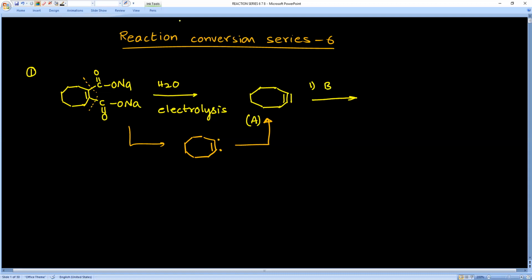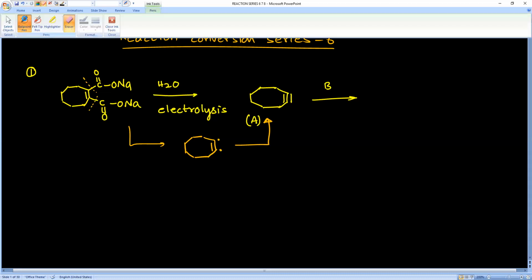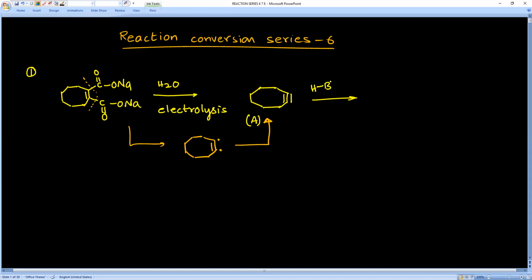Here boron is connected to only one hydrogen. Okay, we know it is hydroboration, oxidation, right? The first step is hydroboration, and with hydrogen peroxide and alkali, it is the oxidation step.